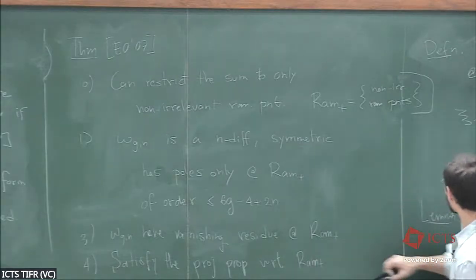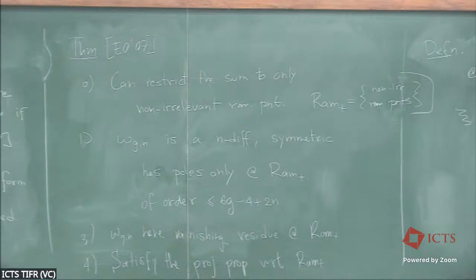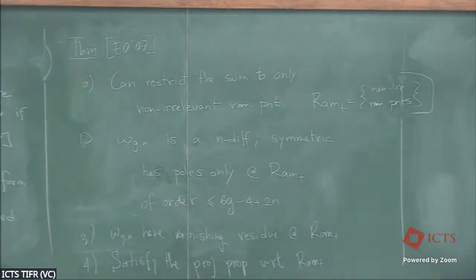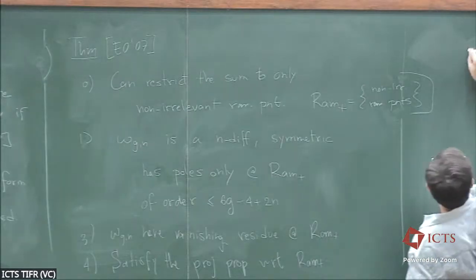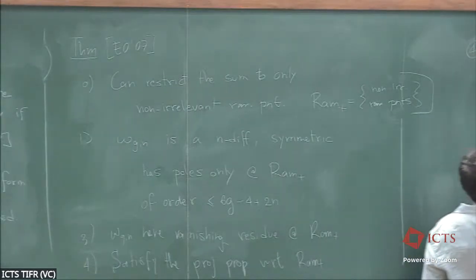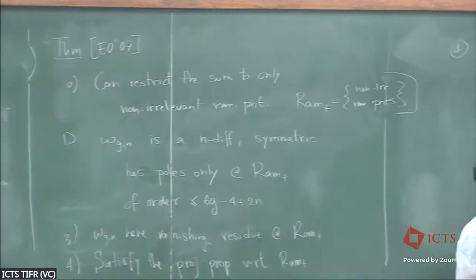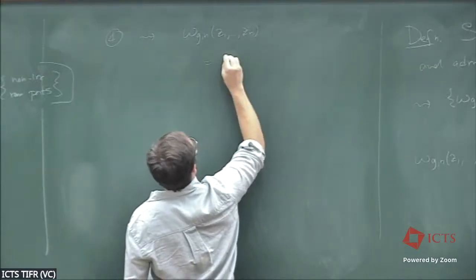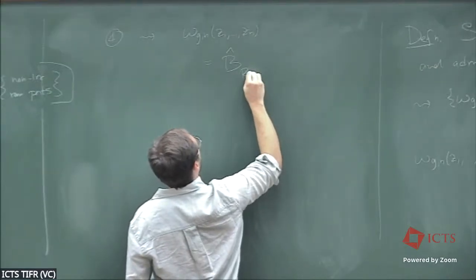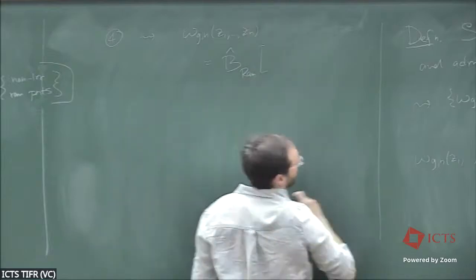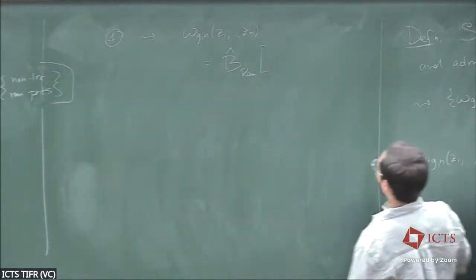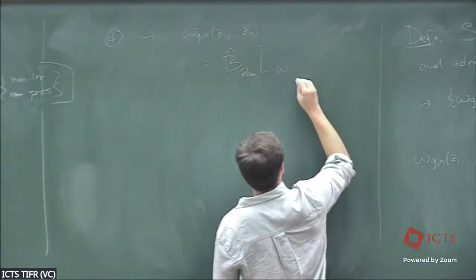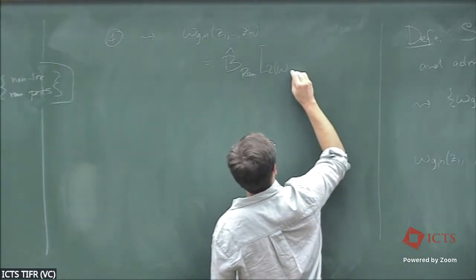And maybe let me just quickly comment on this last property here. If you remember the definition of B hat, this is essentially immediate. So property 4 is just a consequence of the fact that by definition, these omega GNs are defined as B hat at the ramification points of whatever is in the denominator of the kernel.